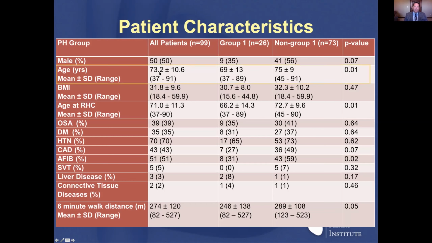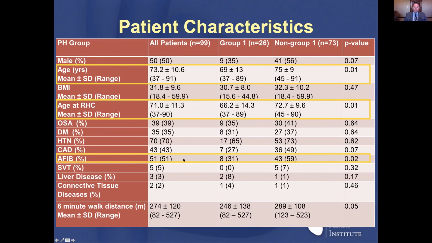The BMI was 32, indicating obesity in both groups, but no difference within the group 1 versus non-group 1 PH. With age, the group 1 or PAH group tended to be younger, with an average age of 66 versus 73.